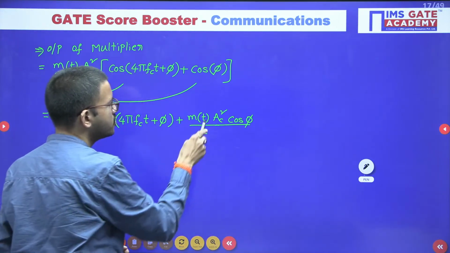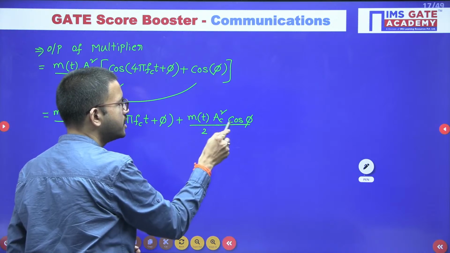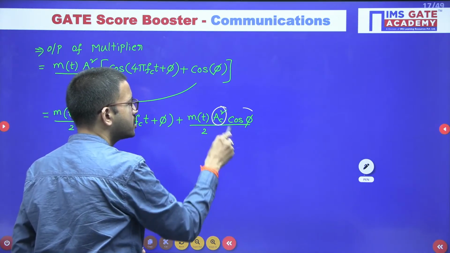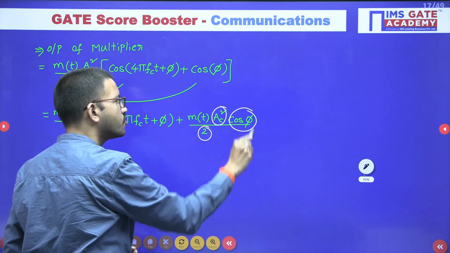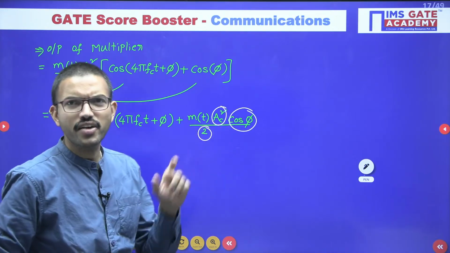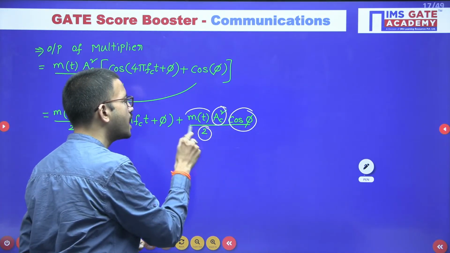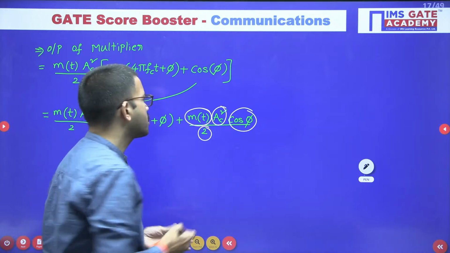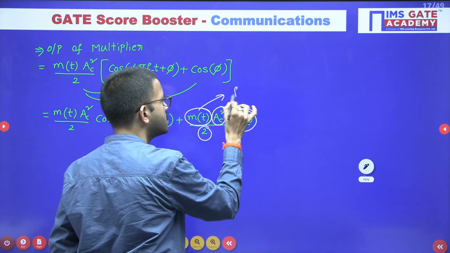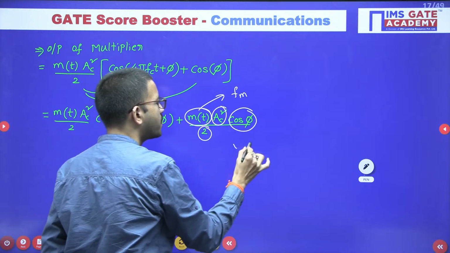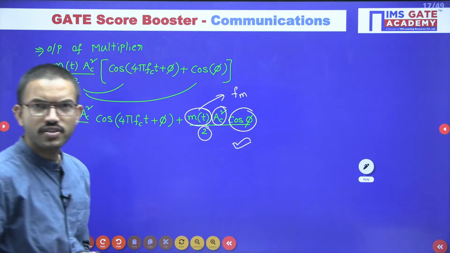Here AC square is constant, cos phi is constant, 2 is also constant. So this overall factor is a scaling factor. Here only the time varying component m of t is there, and its frequency is fm. So obviously this particular term is passed by the low pass filter.